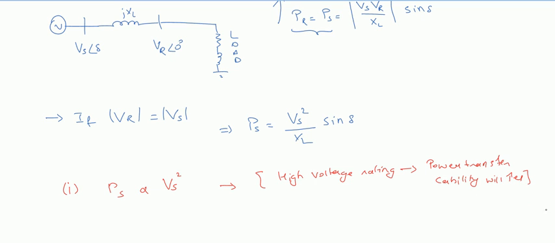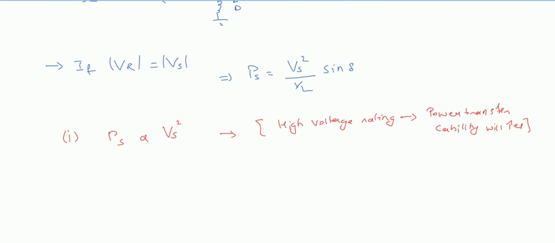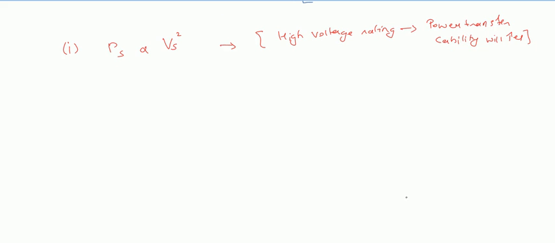How will this be? Let us see how the current will reduce. The loss in the transmission line is the current flowing in the transmission line squared, multiplied with the resistance of the transmission line. Also you know that P is equal to VI cos phi, where P is the power flowing through the transmission line.